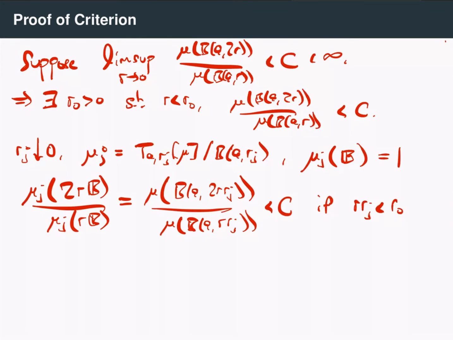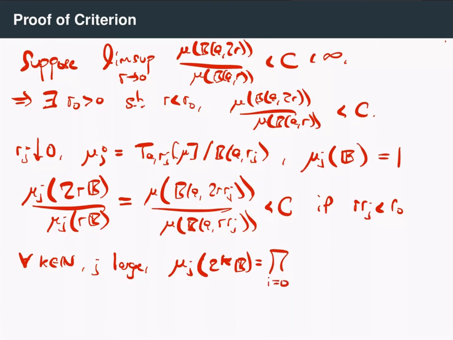So thus, for any integer k and for any integer j large enough, we have that the mu j measure of 2 to the k times the unit ball is the same thing as this telescoping product, i equals 0 to k minus 1, of mu j of 2 to the i plus 1 times the unit ball, divided by mu j of 2 to the i times the unit ball.